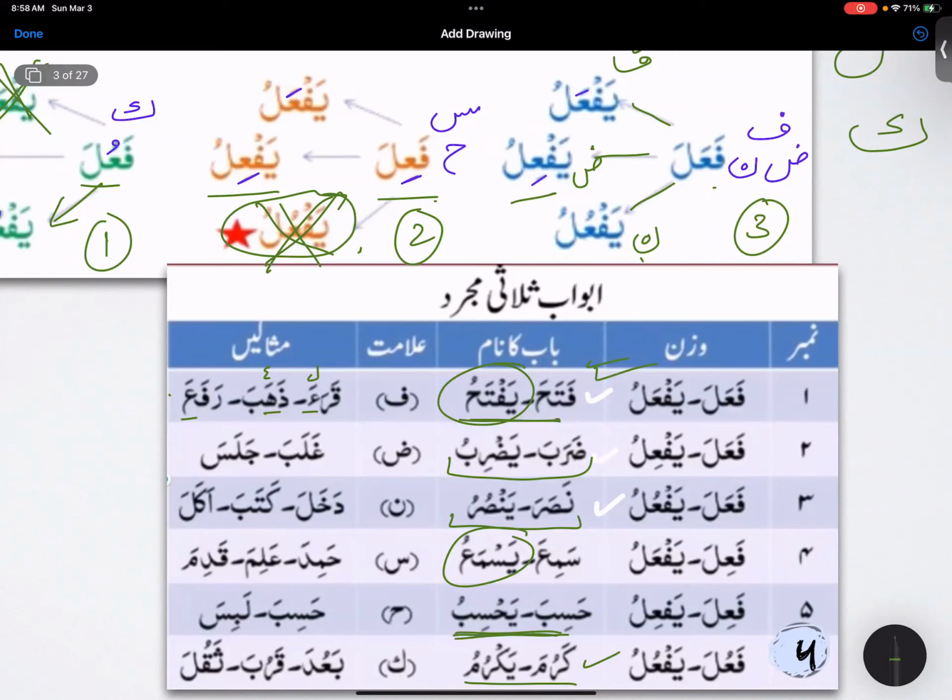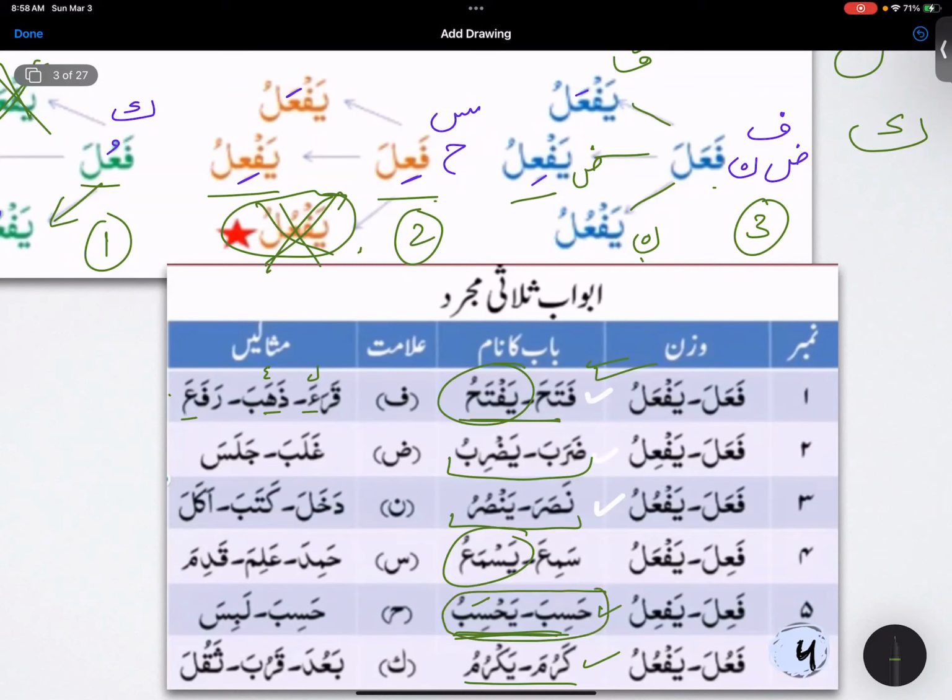So Sami'a Yasma'u, examples are Hamida, Alima, Qadima. Then we have Hasiba Yahsibu. As I said, mostly in the Quran you will see Hasiba Yahsabu with this family. Not with this family, I should say, with this root letter.